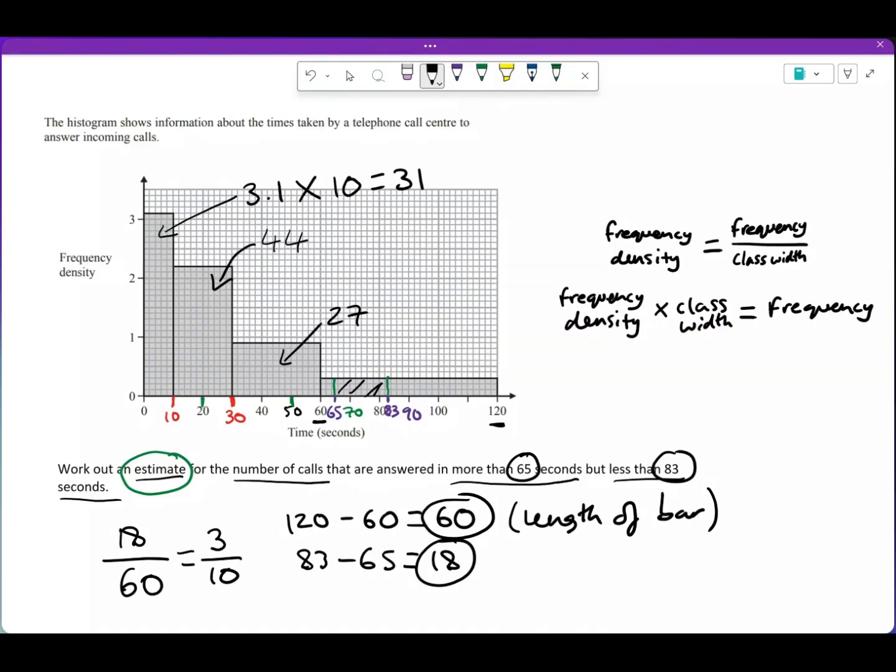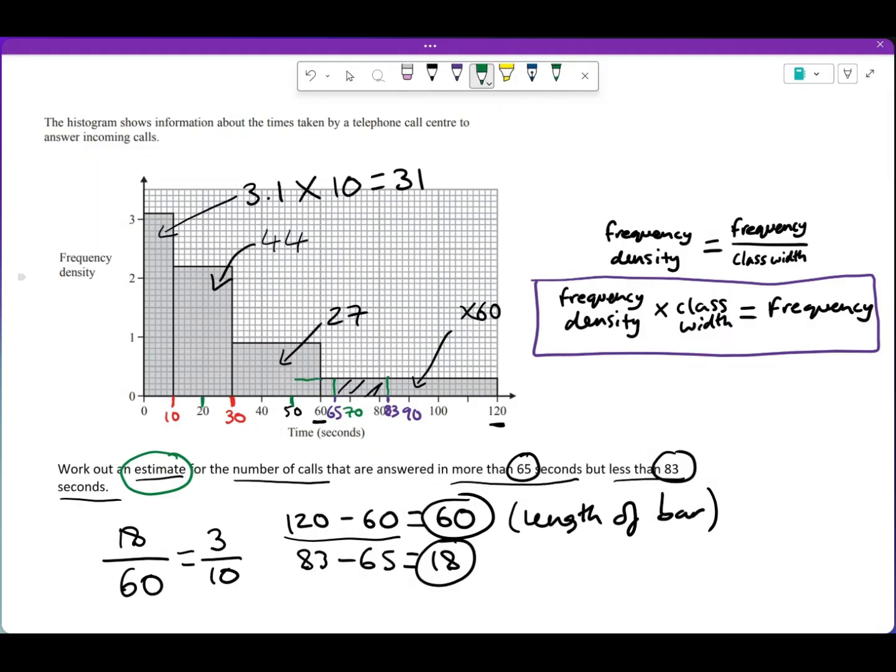So let's try and calculate the frequency of my entire bar. Well, if we use our formula over here, we need to do frequency density multiplied by class width. The class width is 60. We've already calculated that when we were working with the 120 subtract 60 down here. We just need to know the height of my bar. If I look at the height of this bar here, if we go across, I believe it's 0.3.